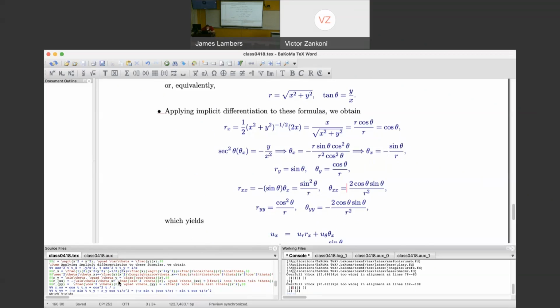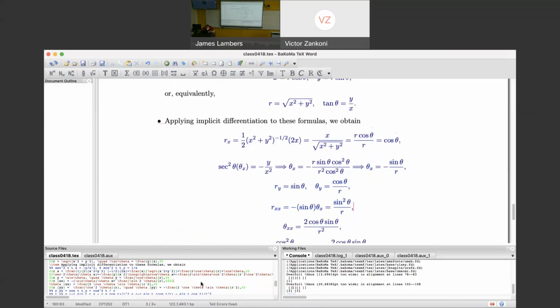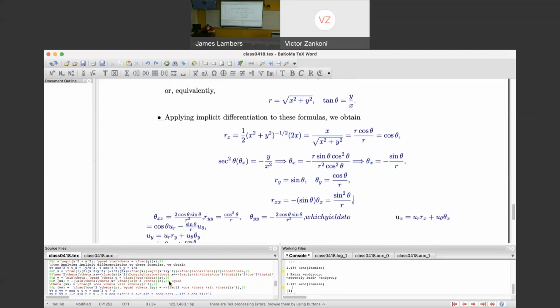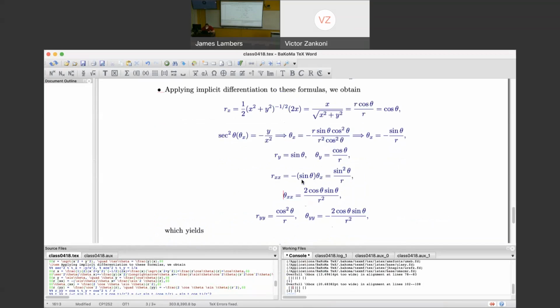All right, I'm actually going to show you a little more about what's going on with this one. There's a little bit more to it. For example, doing r_x, or r_xx.